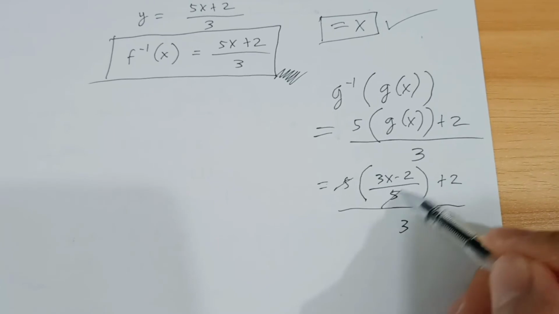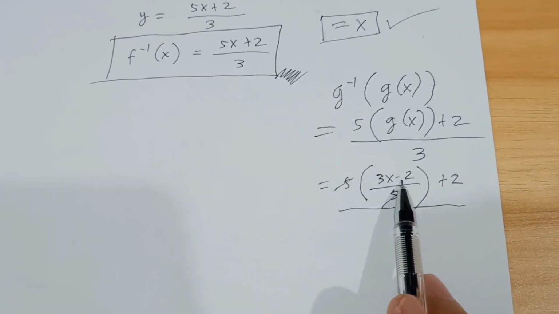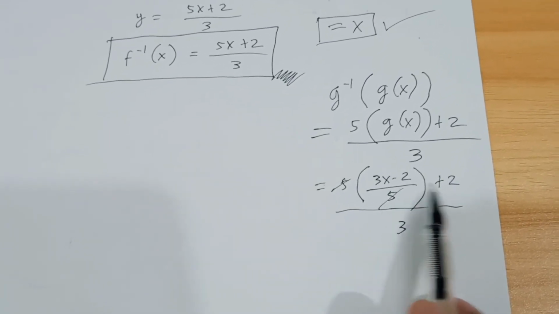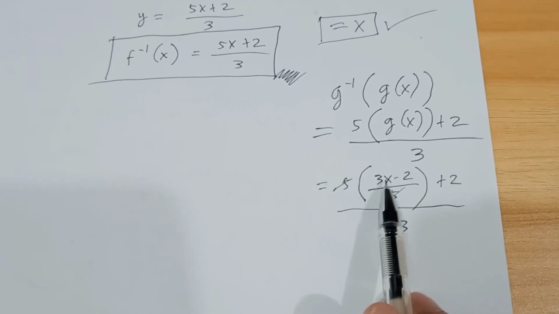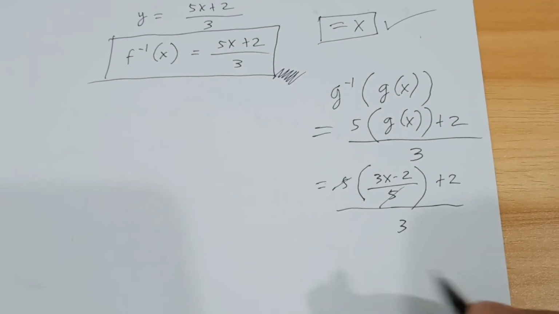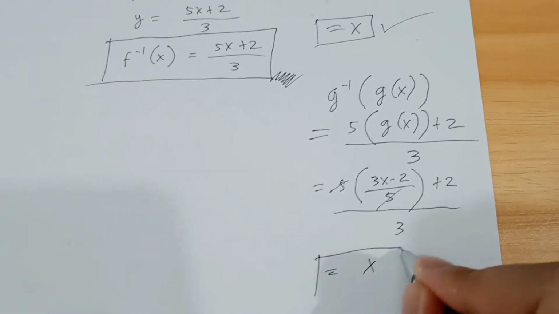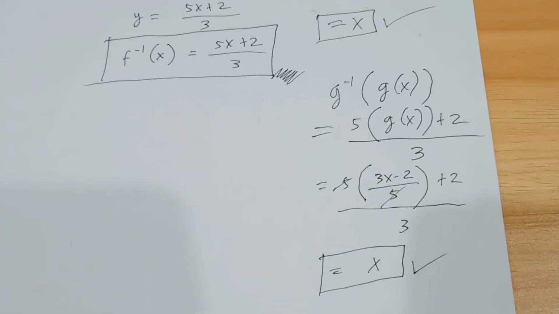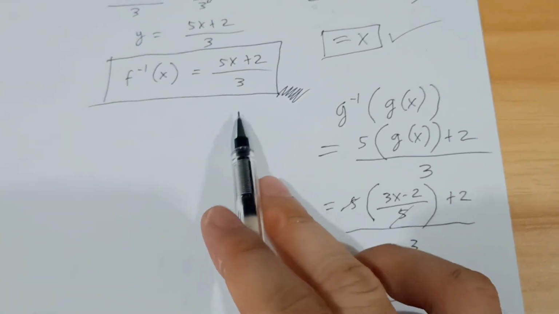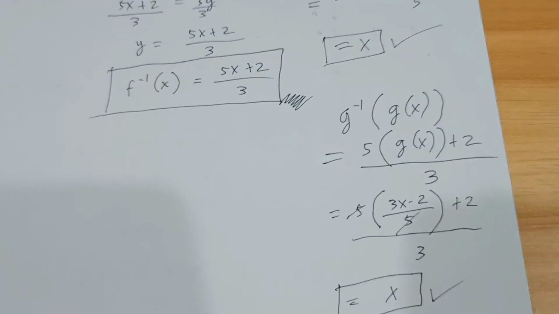Cancel yung 5 dito. 3x minus 2 na lang natira. Yung minus 2 plus 2, 0. 3x na lang natira. 3x divided by 3 is x. Ayun, na-verify natin na ito talaga yung inverse niya. So, ito yung final answer natin.